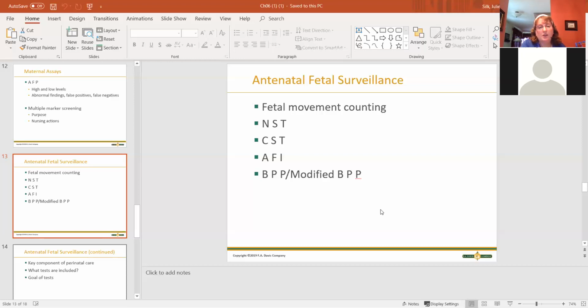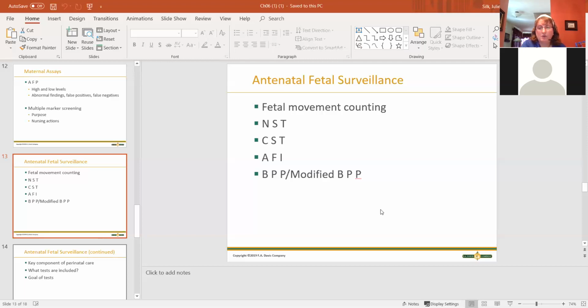All right, and then the last thing here, it talks about the biophysical profile and modified biophysical profile. So basically they do an ultrasound assessment of the fetus along with a non-stress test. And you're looking at basically 5 things.